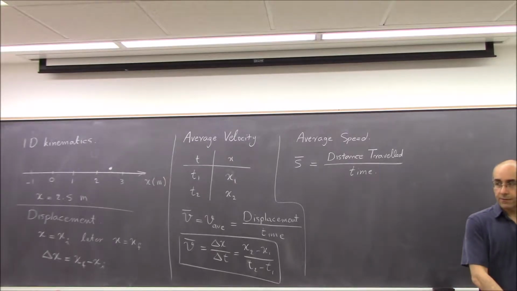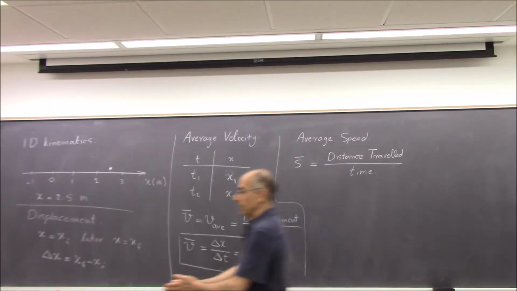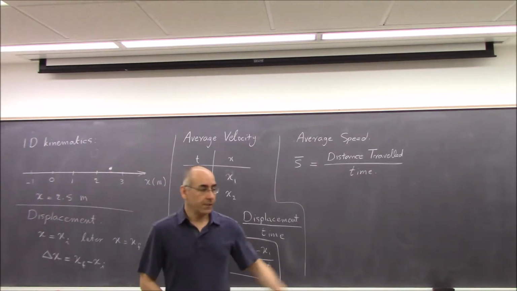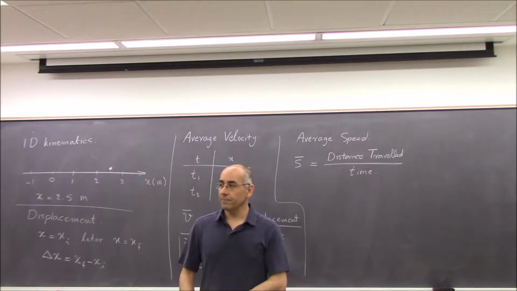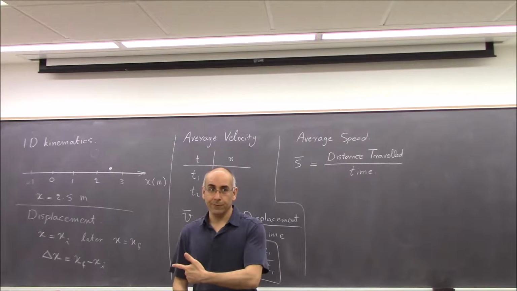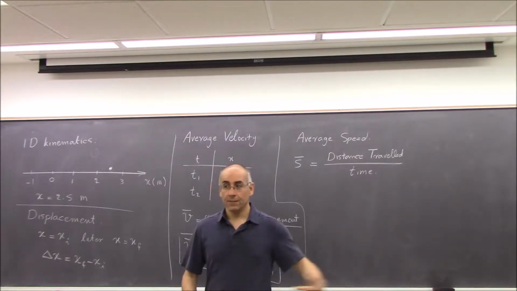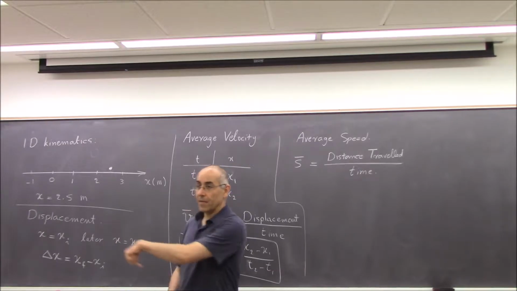If I move from here, go 7 meters this way, and then come back 4 meters, my displacement is what? 3 meters, right? Of course, in this case, negative 3 meters. But my total path is how much? I went 7 and then came back 4.